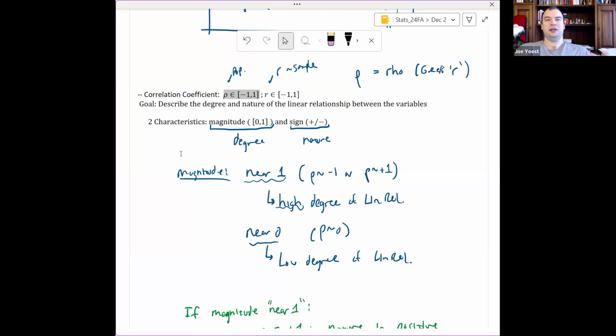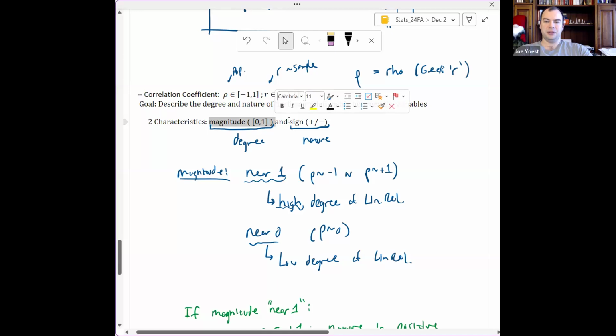So like -0.8, -0.9, -0.95 would all have magnitudes near +1. So if I have a high degree of linear relationship, I'm also interested in the nature of that relationship. And that's where the sign comes in. Is it a positive or negative relationship?